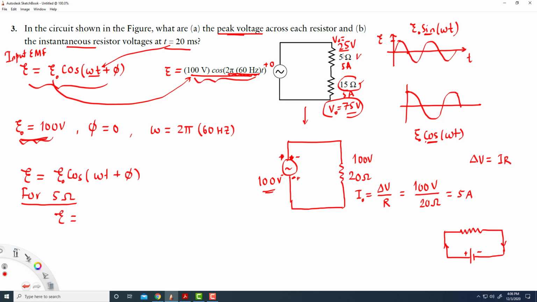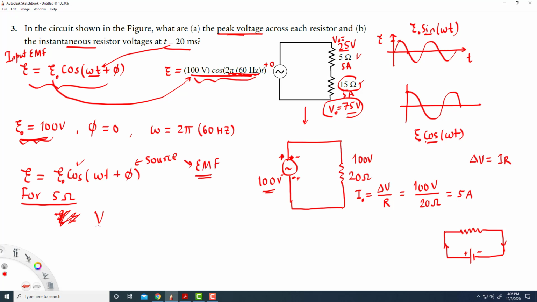Okay, so this is the expression for the supply or source. When we talk about source, we use the term EMF. Now when we deal with the resistors, instead of using the term EMF, we use the term voltage or potential difference. Okay, so instead of writing E, I will write V here.